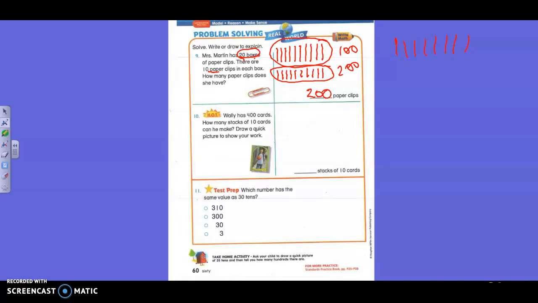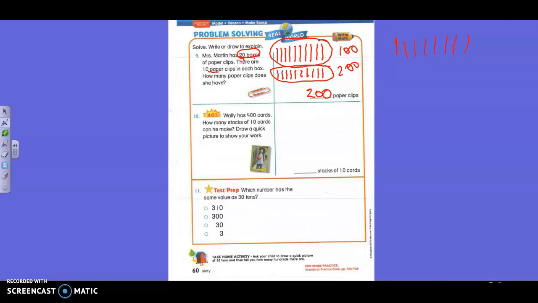All right, here's a hot problem. This is not going to be the same. Wally has 400 cards. How many stacks of 10 cards can he make? Draw a quick picture to show our work.